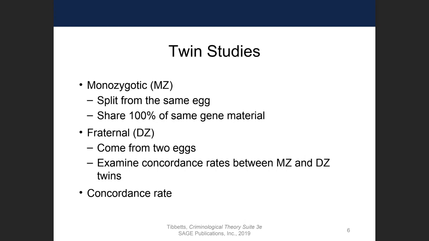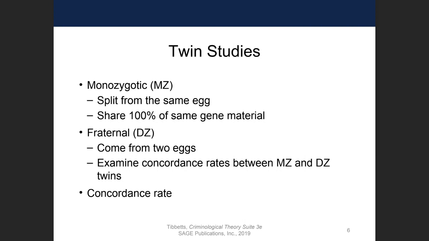When that happens, then those two children that are fraternal twins will share 50% of the same genetic material. Twin studies then examine concordance rates between fraternal and identical twins. Concordance rates is just a term that means shared traits. And specifically, the shared trait that twin studies were interested in looking at is whether or not they shared the same trait of criminal behavior.